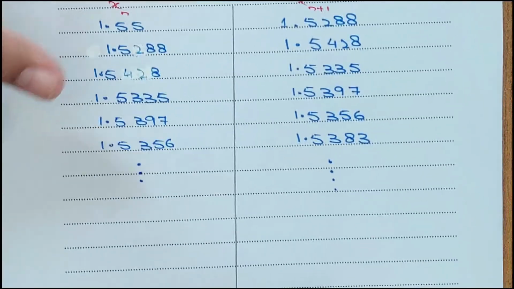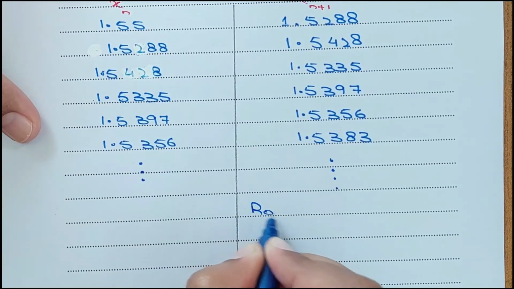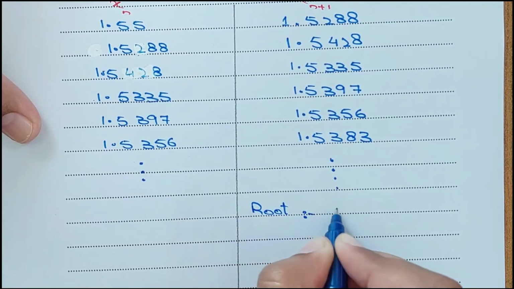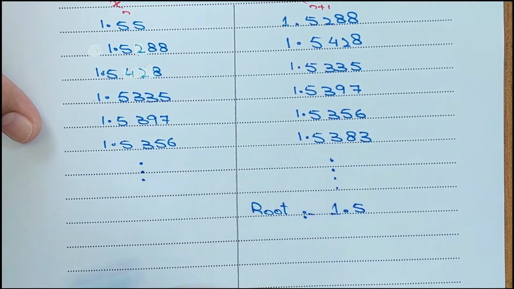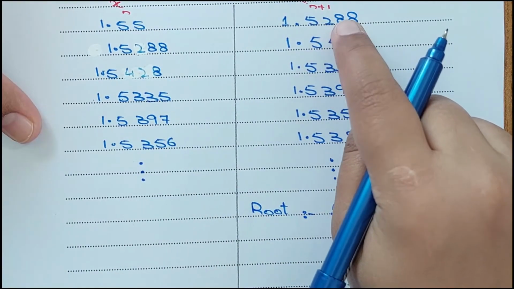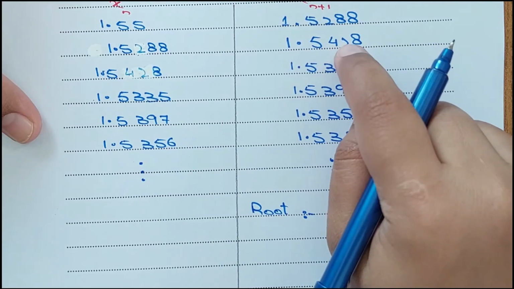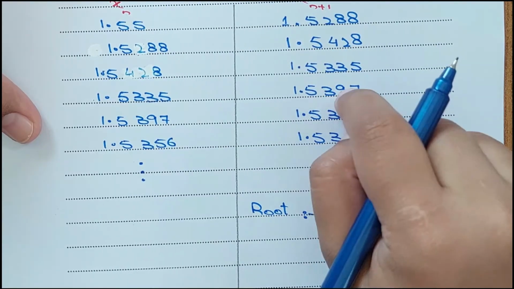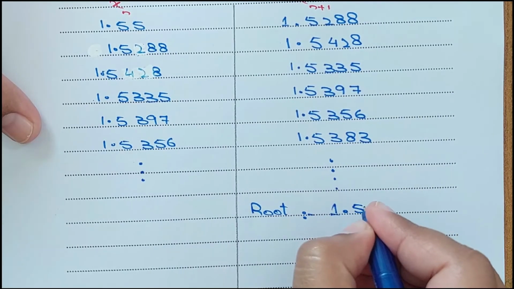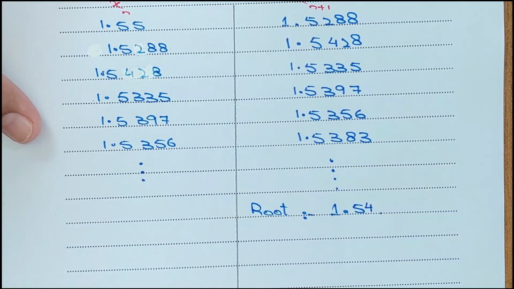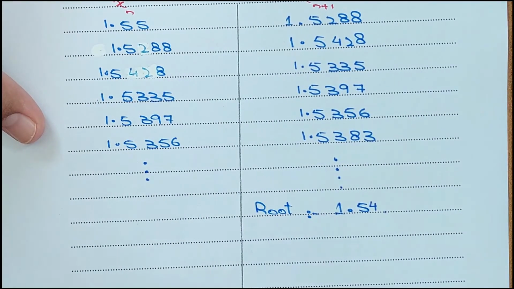As you can see, we have to find the root up to 3 significant figures. So 1.5 is fixed. Now the next digit rounds to 4 each time: 4, 4, 4. So 1.54 is the root up to 3 significant figures, and it lies between 1.5 and 1.6.